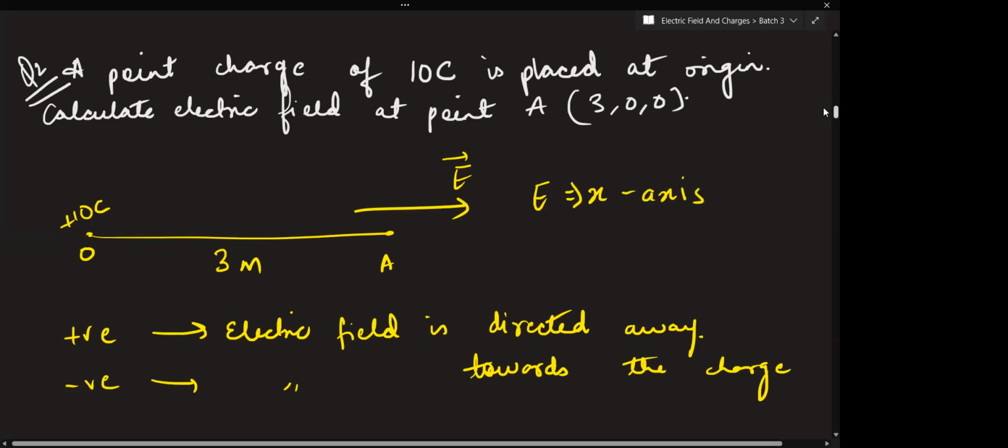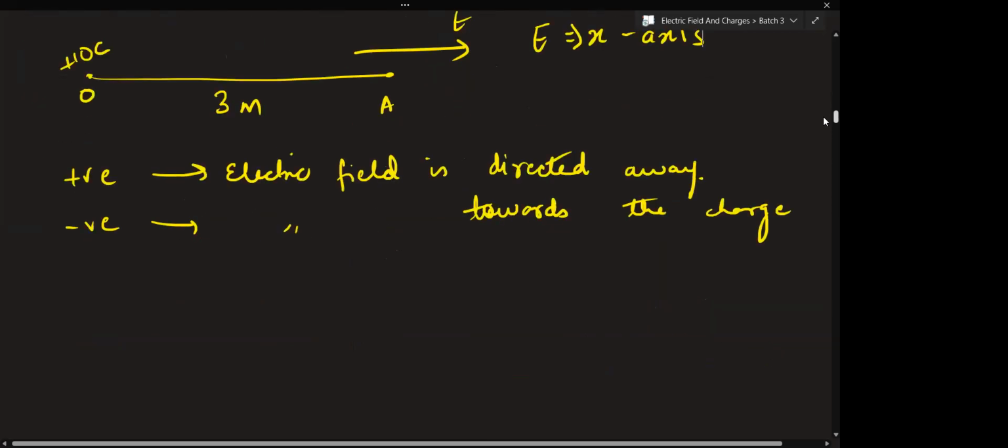Now let's find out the magnitude of it. Electric field will be KQ divided by R square. This is electric field for a point charge. We'll discuss in detail how this has come, but let me tell you this right now.